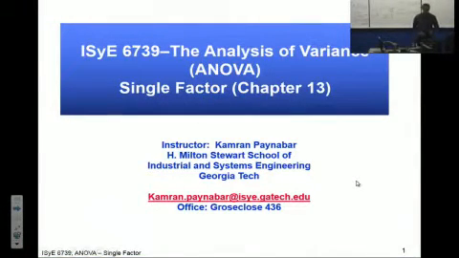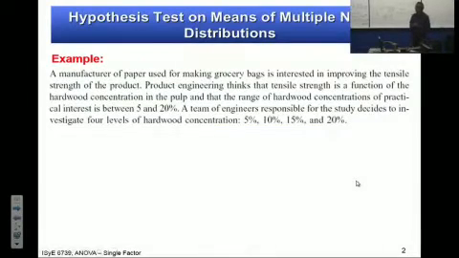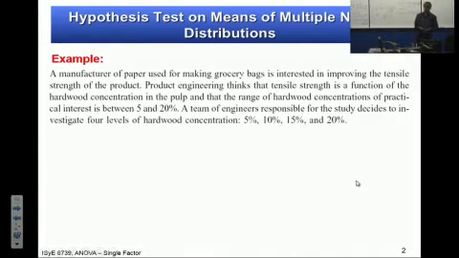Okay? So what is the main purpose of analysis of variance? The name is analysis of variance, but the main purpose is to test mean. You know how to perform hypothesis test for mean of one population, and you learned for mean of two populations. Now the question is, what if I have mean of more than two populations? How can I perform the mean test for more than two populations?